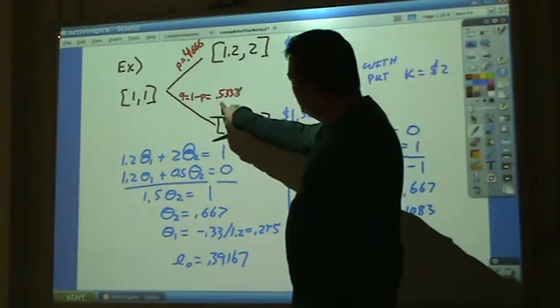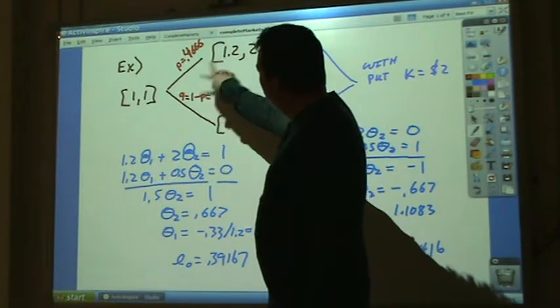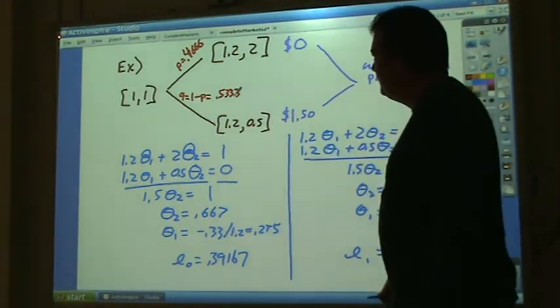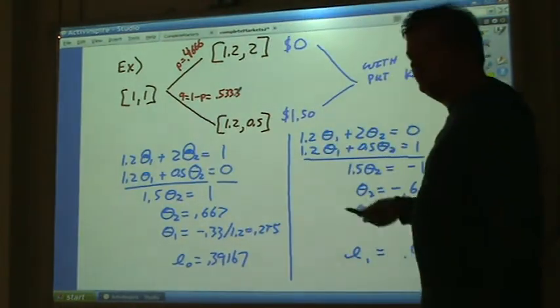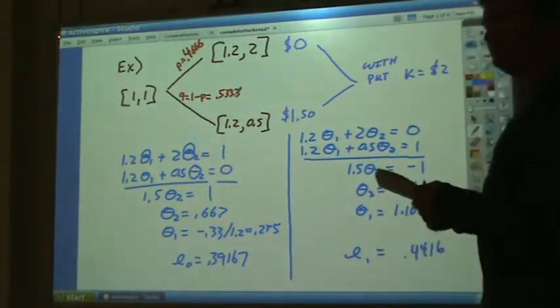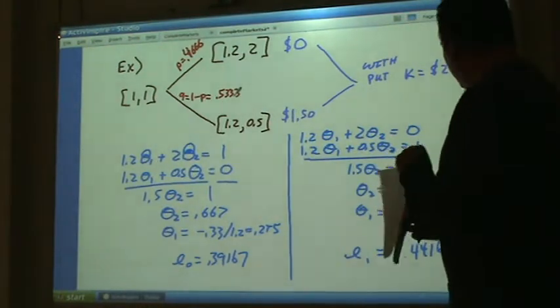These end up being what's called the risk-neutral probabilities. If these were the probabilities of going to each state, then this vector and this vector are the risk-neutral prices for all those securities.